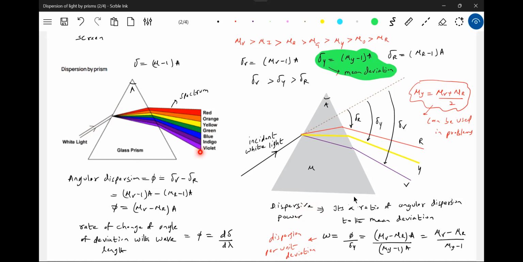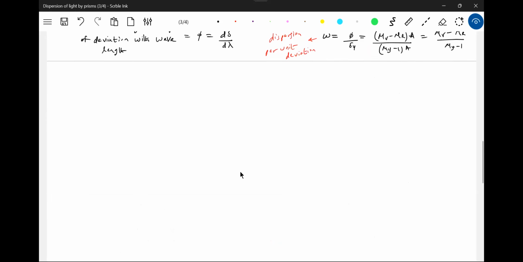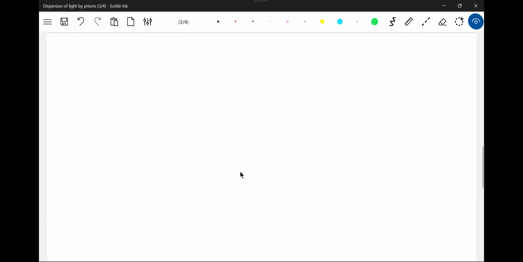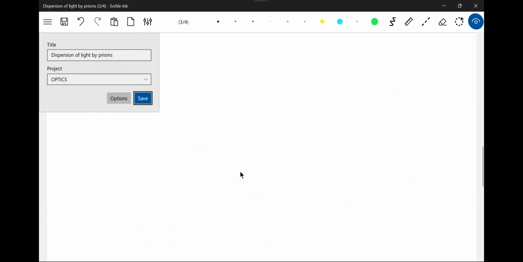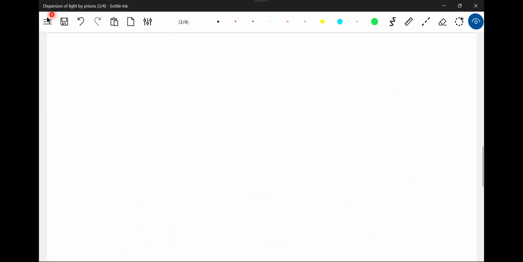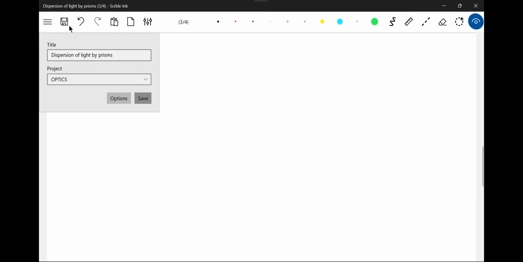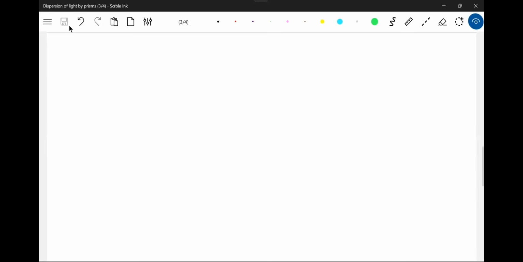Now, the prism spectrum is spread out more at violet than at red. I'll explain how it is possible.